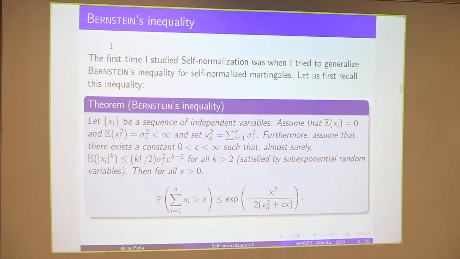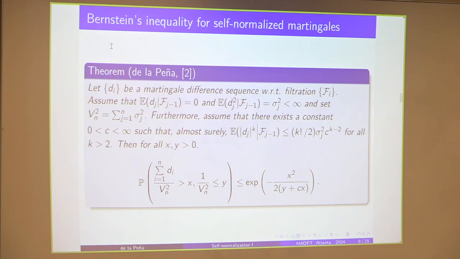Now, the first inequality in self-normalization that I came up with was the following. Suppose that you have a martingale difference sequence, mean zero, with finite conditional variance. V_n squared is the sum of the conditional variances, and there is a constant; the analogous assumption in the case of martingales is this.